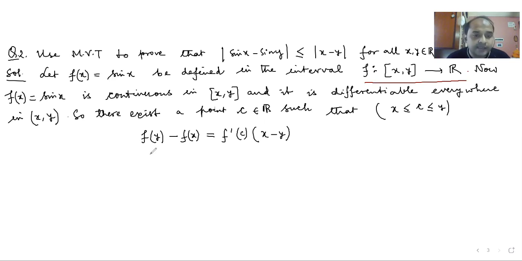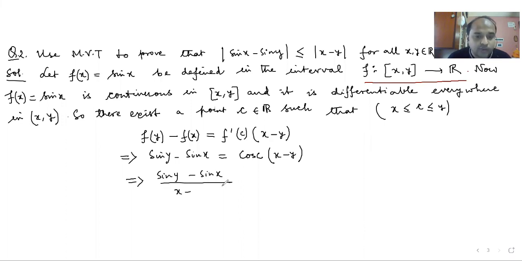Now this implies sine of y minus sine x is equal to cos c into x minus y, and that gives (sine y minus sine x) by (x minus y) is equal to cos c.